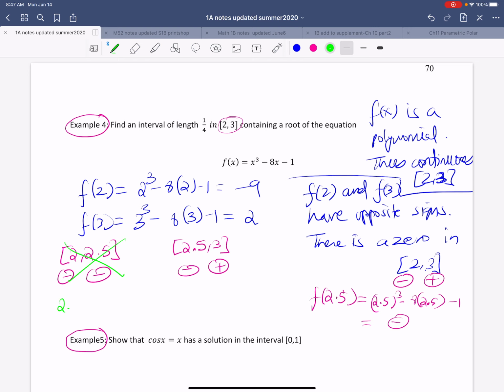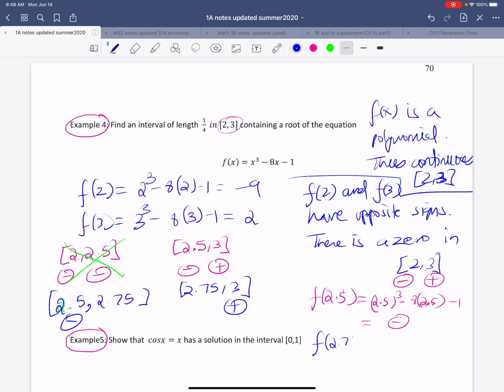Now let's bisect that interval into 2. 2.5 plus 3 divided by 2 gives me 2.75. So I am now going to look at 2.5 to 2.75 and 2.75 to 3. At 2.5, I have a negative value. At 3, I have a positive.